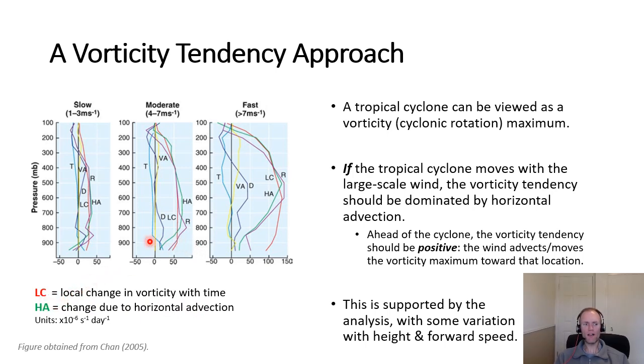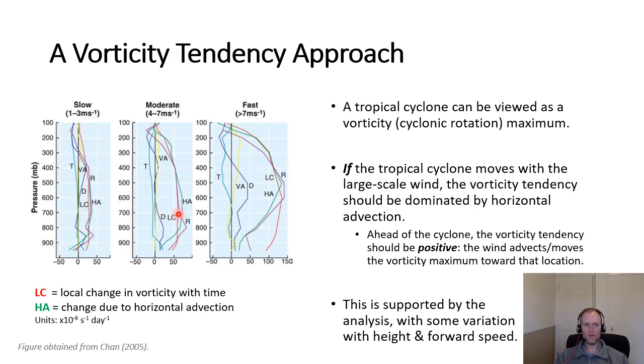Once you get above about 900 millibars, but below the tropopause, roughly around 200 millibars in each of these three panels, whether a cyclone is moving slowly, moderately, or fast, the HA and the LC lines fall very closely to one another.